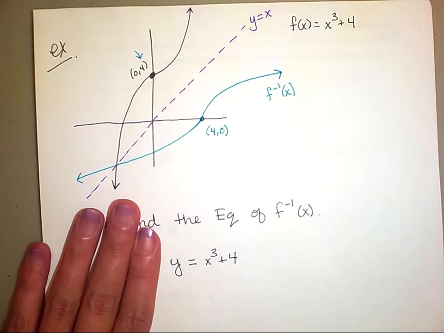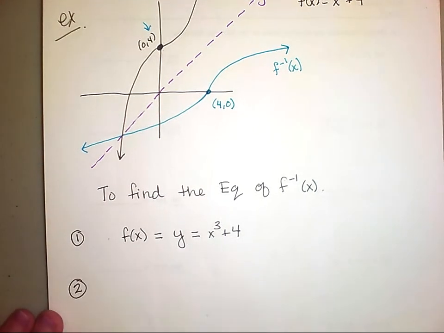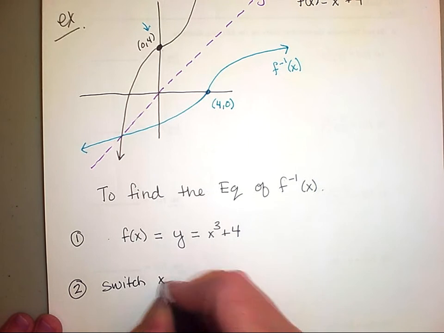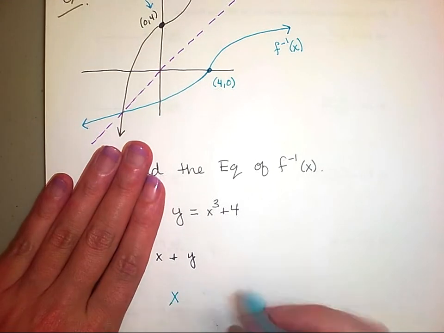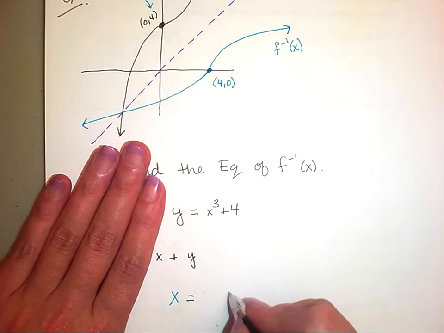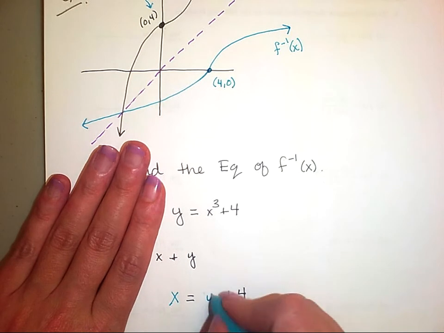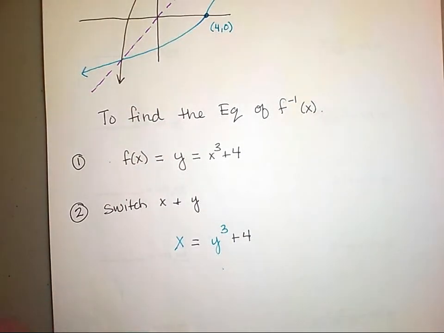So f of x does play the role of y. Now, because it comes down to this flip-flopping of points, let's switch x and y. So in that case, we should have x is equal to y cubed plus 4. So that's what I mean by switching x and y.